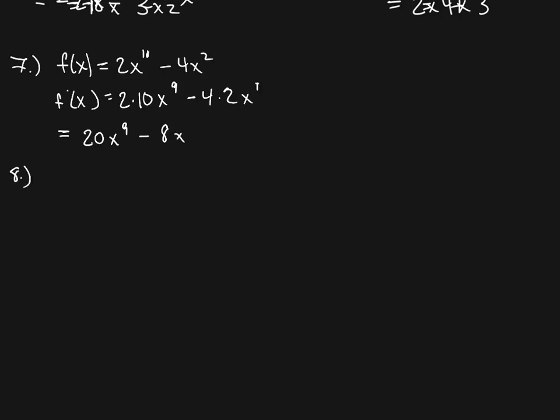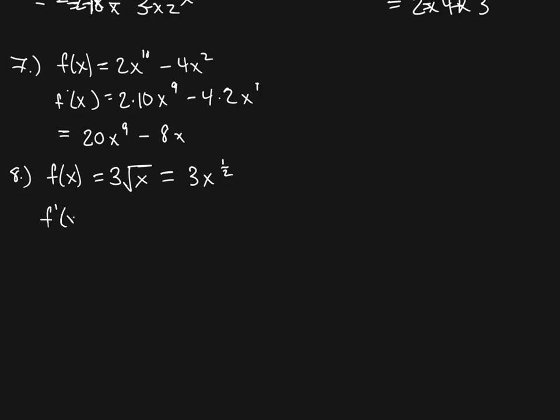Problem 8. For problem 8, we have f of x is equal to 3 times root x, the square root of x. So again, use your knowledge of exponents to help you here. 3 times the square root of x is equal to 3 times x to the 1/2. Now that looks like something we should be able to take the derivative of.